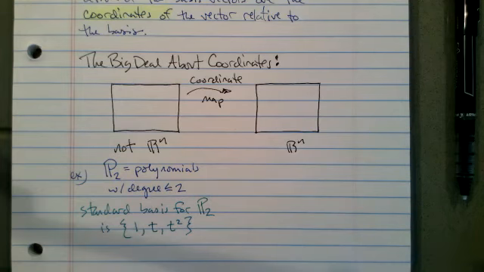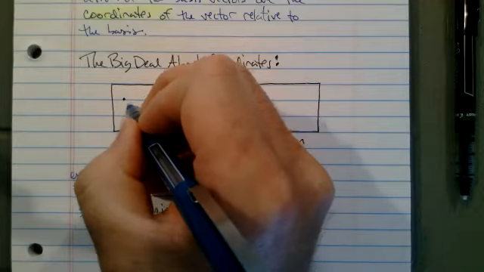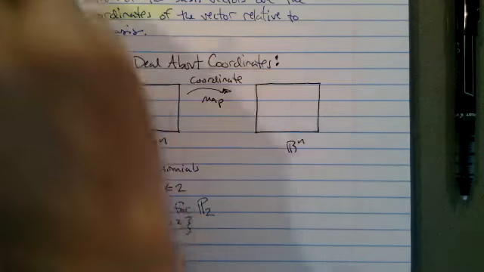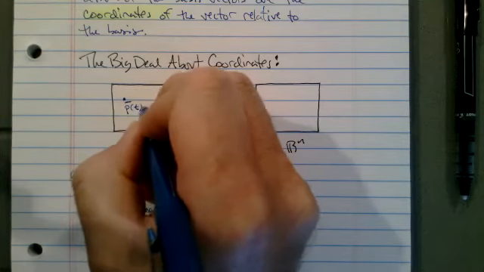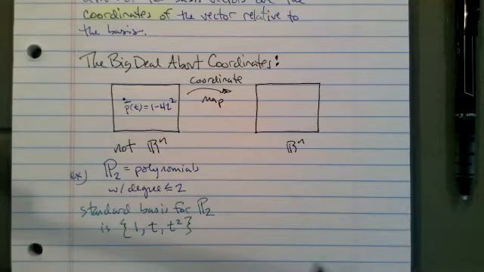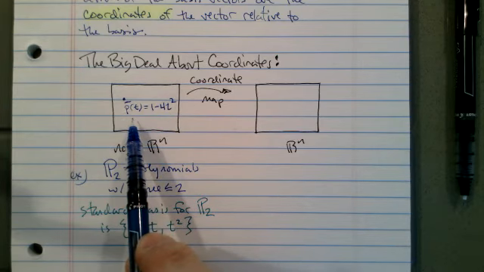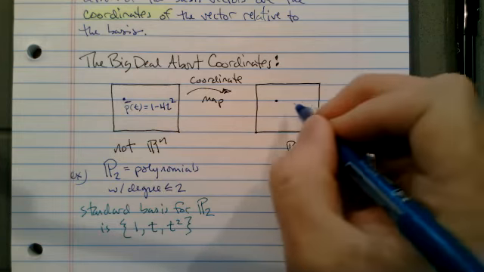So if I have a vector up here, the usual thing is to call them p for polynomial. I should follow convention. If p of t is 1 minus 4t squared, I can write the coordinates of p relative to this basis and say this polynomial corresponds to this vector.